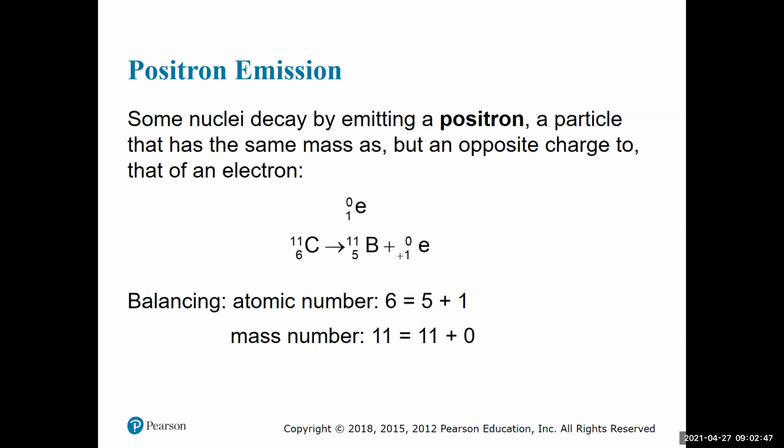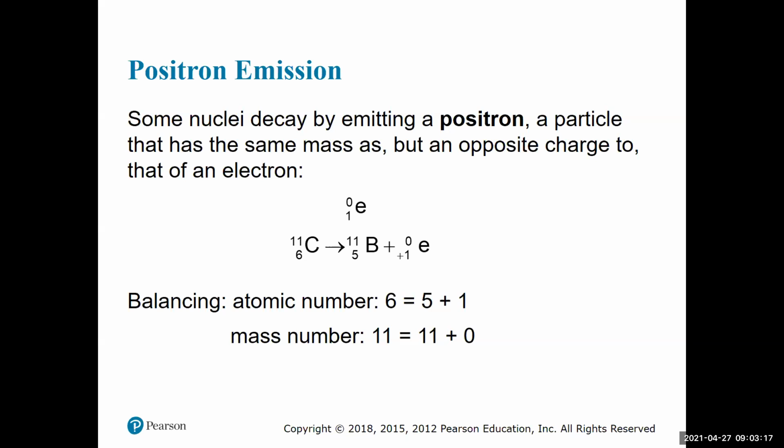We see that no change to the mass, 11, it stays 11, but now we have a +1 down here on the right-hand side in the bottom. So to make our atomic number balance, if it's 6 on the left-hand side, it's got to be 6 on the right-hand side. So if we've got a +1 coming from the positron, then the new element has a value of 5.